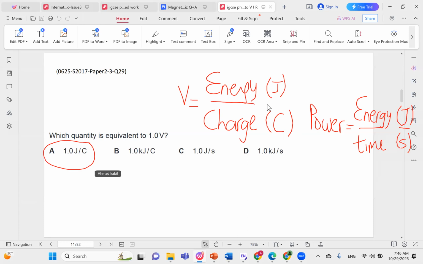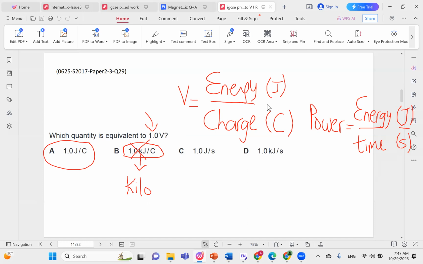So why is it A and not anything else? The difference between A and B is this K here, which means kilo. So this is 1,000 joules per coulomb, and this is incorrect, of course, because we just want 1 joule per coulomb. The voltage is 1, so the unit should also be 1, not 1,000.